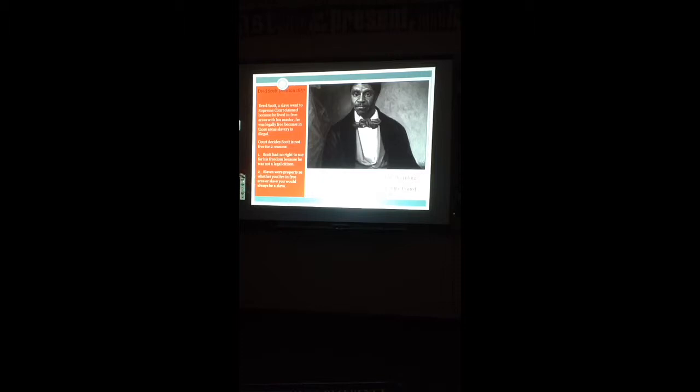And then he was kind of put on the same level. The court interpreted slavery as slaves are property. So whether you live in a free state or slave state, you would always be a slave. And maybe a way to help you understand this is if Dred Scott, when they moved to Illinois, they not only brought him, but they brought some furniture.